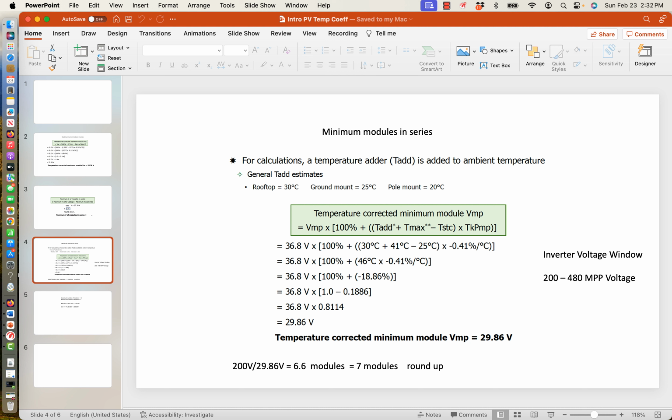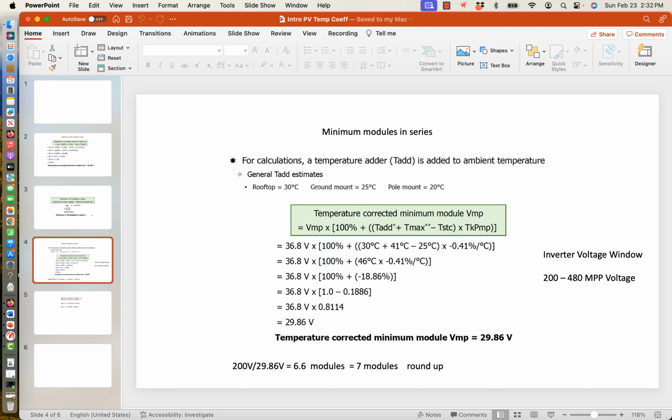So we need to get above that minimum voltage so we're still in that efficient sweet spot of the inverter.